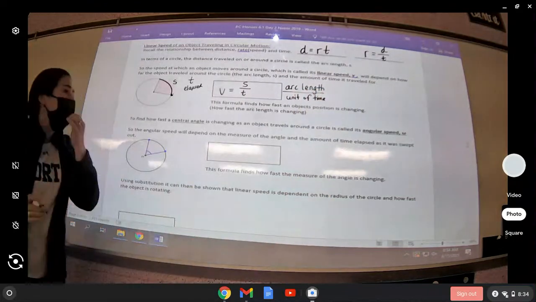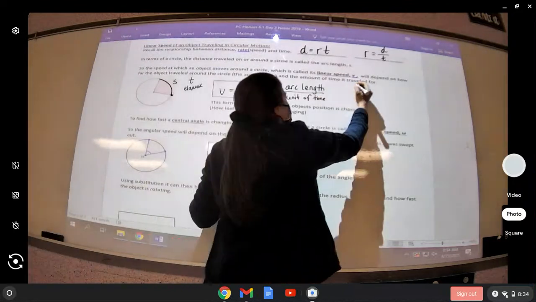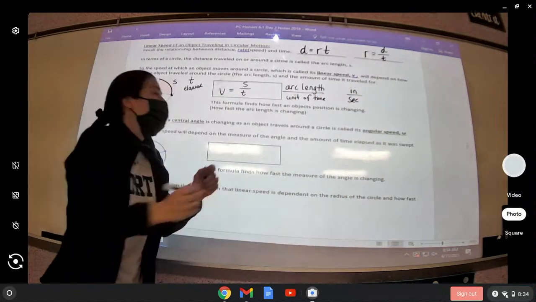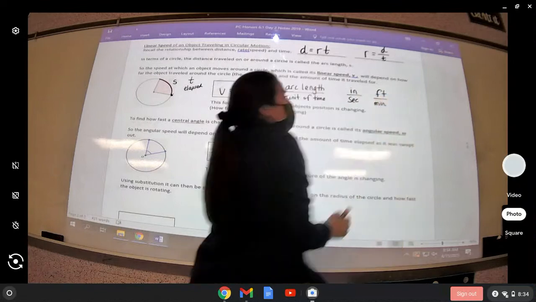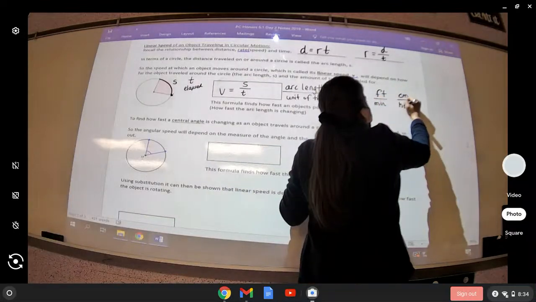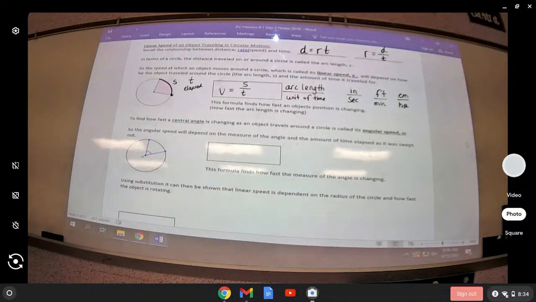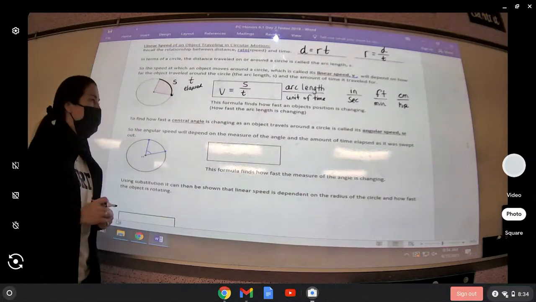So when you are trying to find an object's linear speed, it should be in things like inches per second or feet per minute, or we could say centimeters per hour. That's the unit you should be measuring linear speed in because it's an arc length over a period of time.